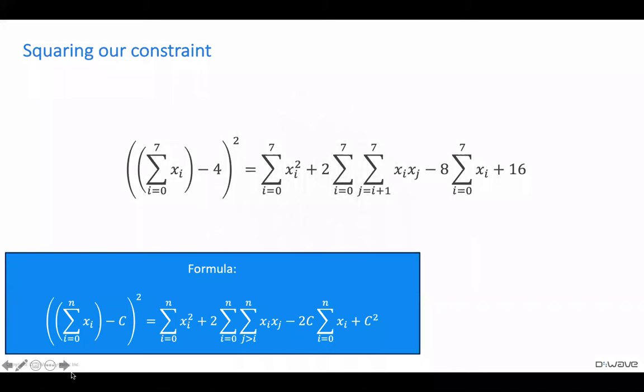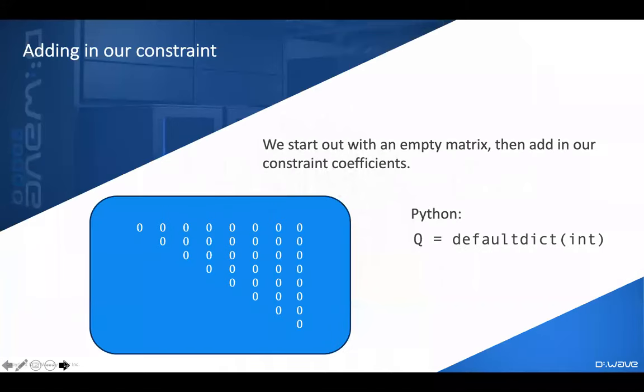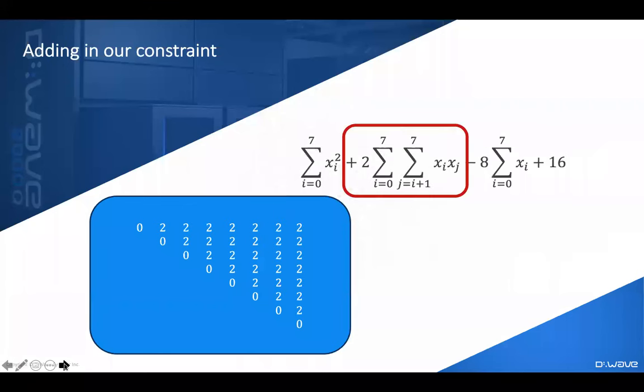So moving on here, starting out as an empty matrix, and the bottom statement there, the default dict, initializes it. In this case, it's just integers, but you could do floats. In this case, it's just int. And what we've got here is I'm going to put in these cross terms first, the term that's in the red box.